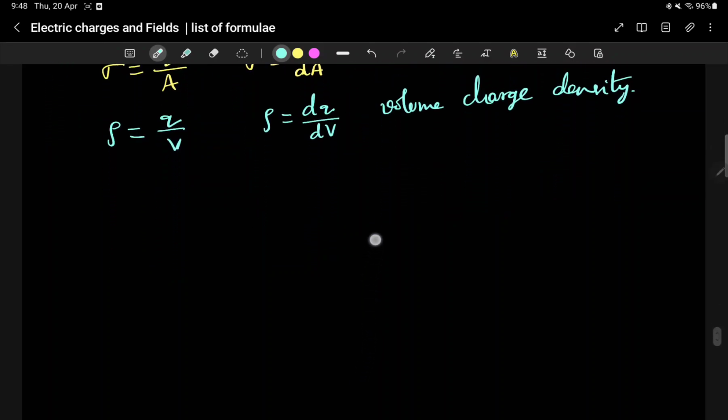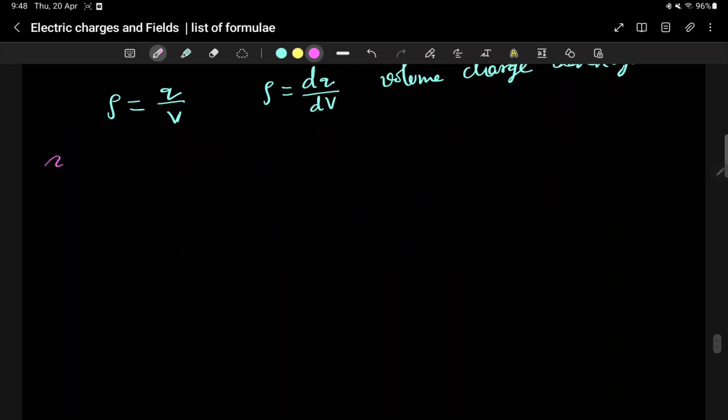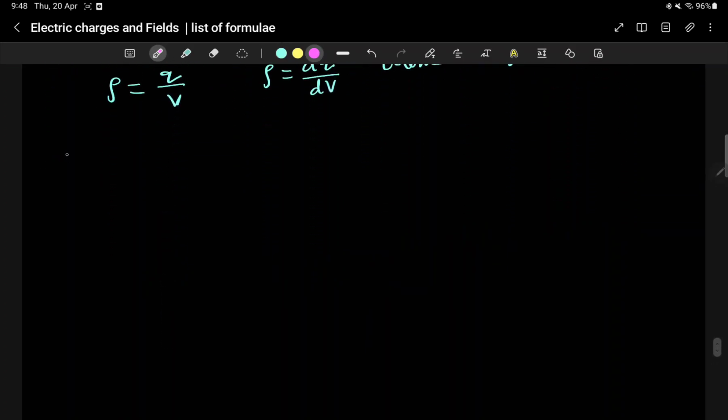So next, we move on to the ninth formula, that is the electric field due to a uniformly charged thin and straight wire. There is a derivation. This comes under applications of Gauss law.